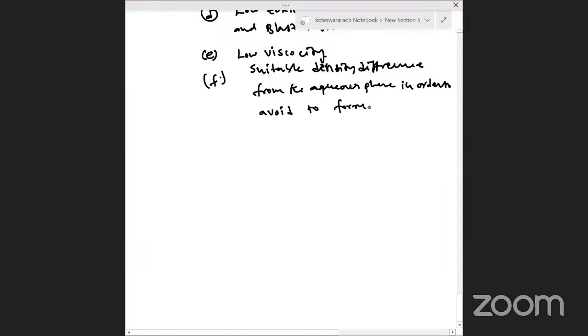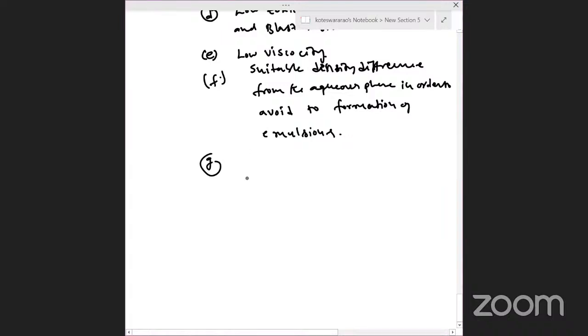The separation of emulsions is very difficult, right? Therefore, solvents with comparable densities should not be used in the extraction.